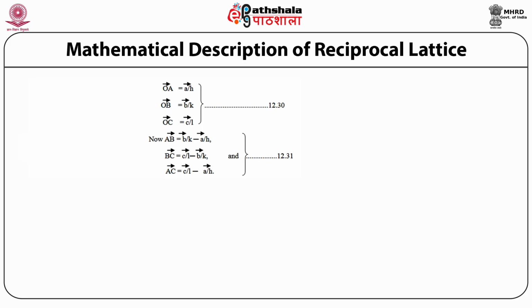Now, vector AB is equal to vector b/k minus vector a/h, and vector BC is equal to vector c/l minus vector b/k, and vector AC is equal to vector c/l minus vector a/h, which is put as equation 12.31.